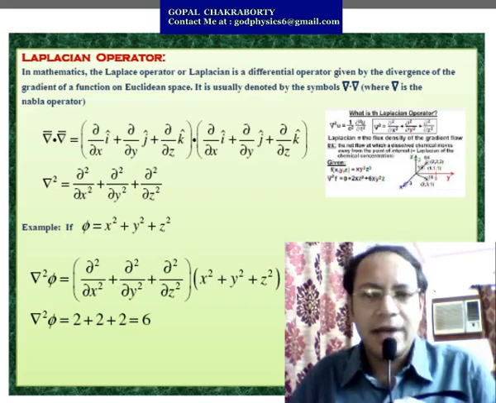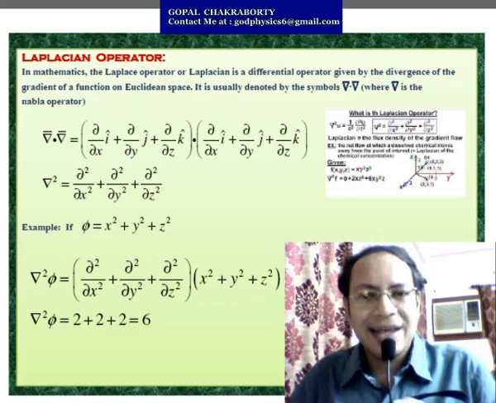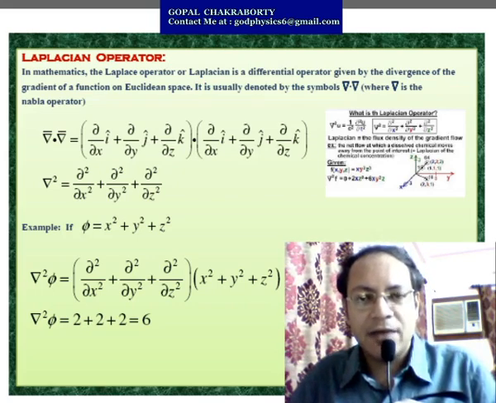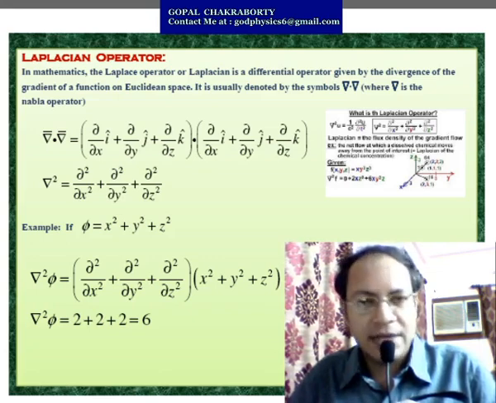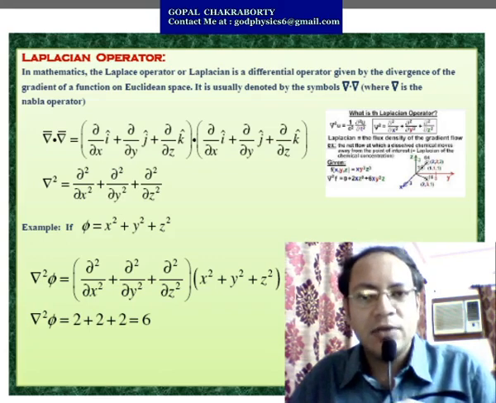So, del dot del will give you a scalar quantity having value del square, that is equal to del 2 by del x2 plus del 2 by del y2 plus del 2 by del z2.